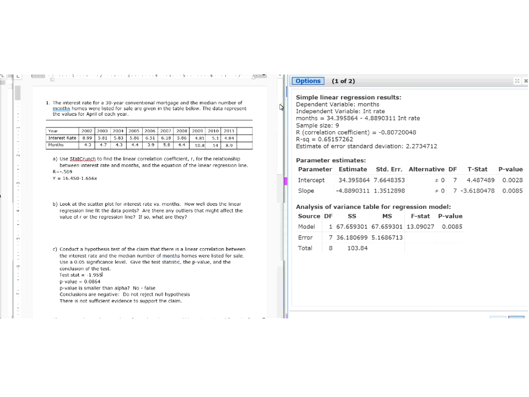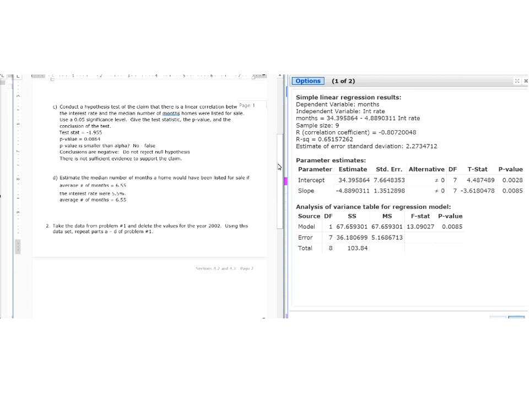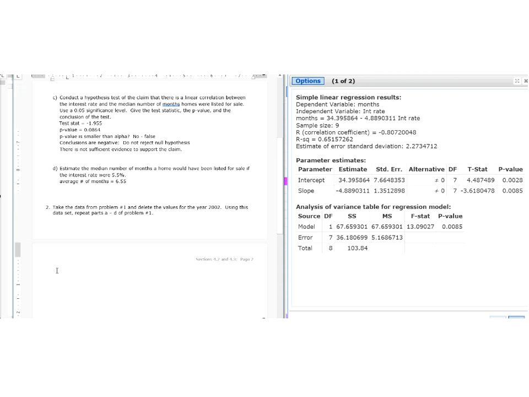Okay, so if we were just looking at parts C and D for this one, for part C, we could list our test statistic, which would be negative 3.62, and our p-value, which would be 0.0085. So what that would mean is that our test conclusions are going to be positive.